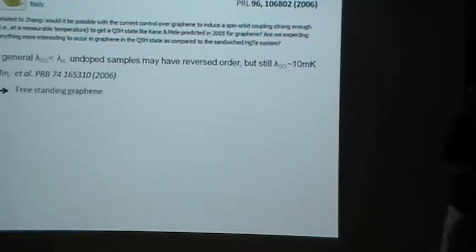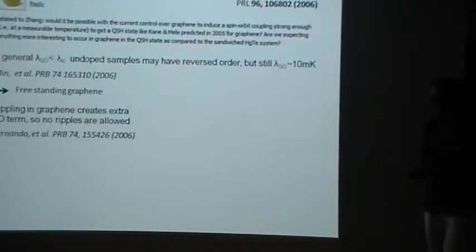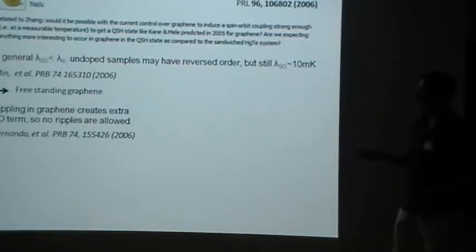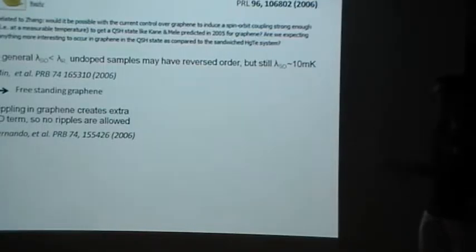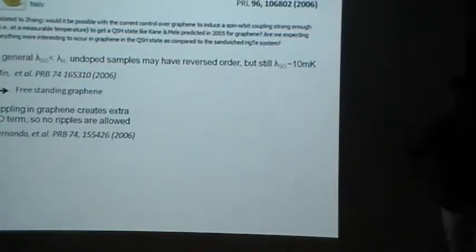Okay, so you could say, well, we'll do it in freestanding graphene, then we don't have troubles with our substrate. But then there's another problem. Freestanding graphene is not very stable, so it starts buckling and rippling a little bit. This will create an extra spin orbit term, which also works against the spin orbit coupling we're trying to achieve.